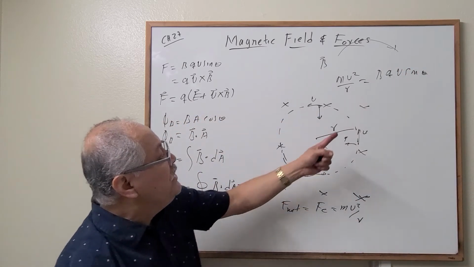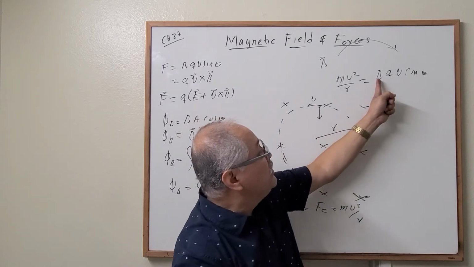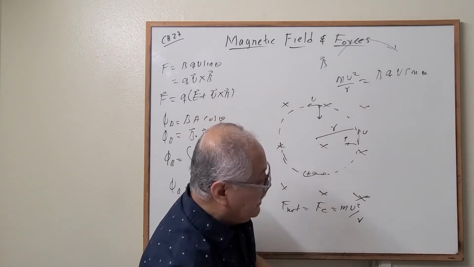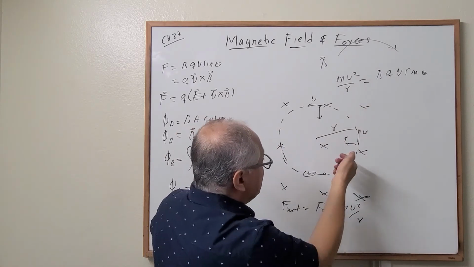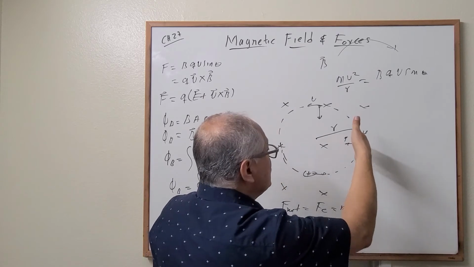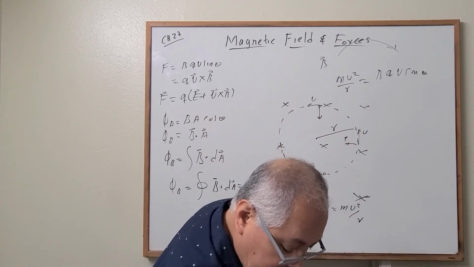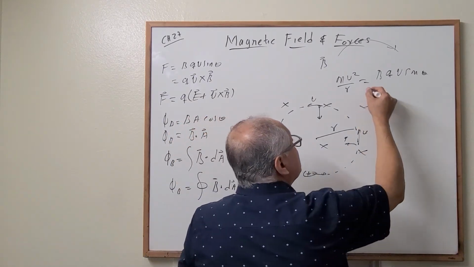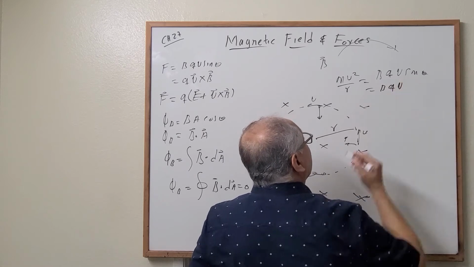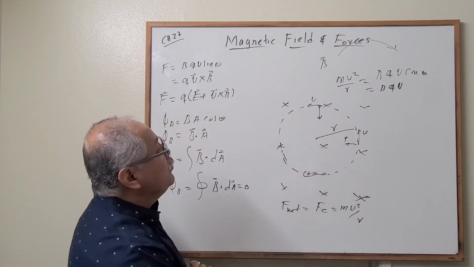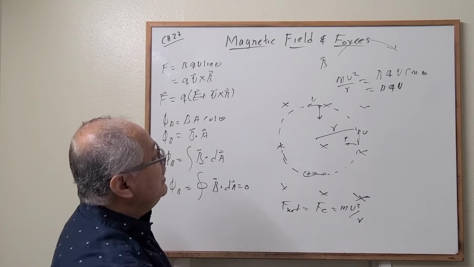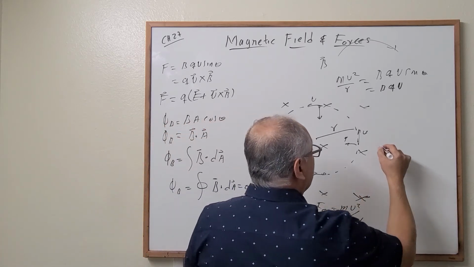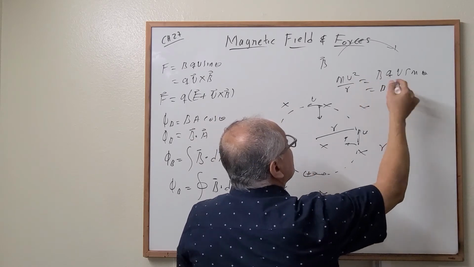But what is the angle? Remember, it's the angle between the magnetic field and the velocity. Let's do it. The velocity goes in this direction, the magnetic field goes inside, so the angle is going to be 90 degrees, correct? Sine 90 equals 1. It's equal to B q v. Imagine that we are looking for r, the radius of curvature. r equals what?